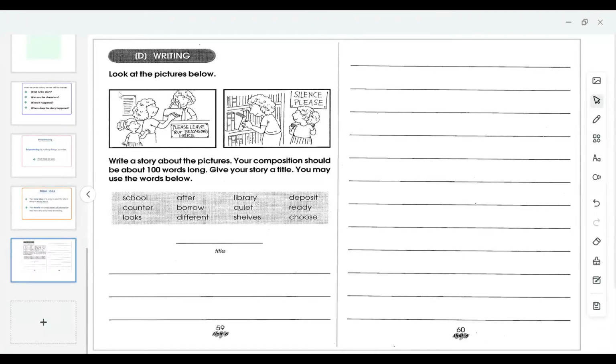What are you going to talk about the most? Then think about the details, the little information which can make the story more interesting.